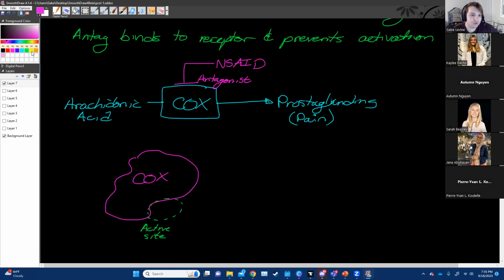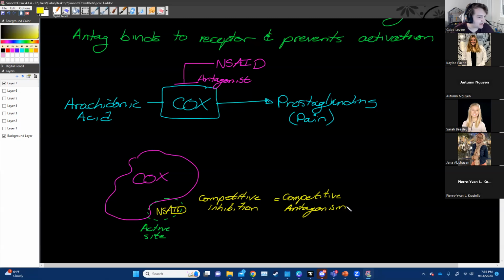What an NSAID would do, and other antagonists like it, is sit in the active site and do competitive inhibition, which is the same thing as saying competitive antagonism. Inhibitors and antagonists are often used interchangeably in terms of vocabulary.